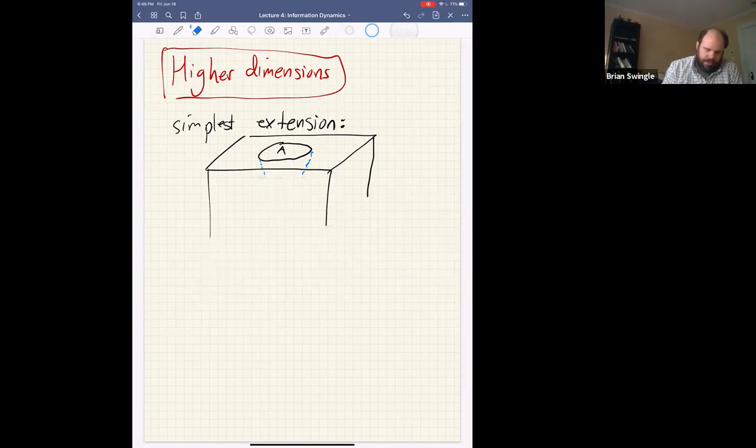So let me draw the picture like this. Right, you have some kind of membrane which can, as in the 1D case, hit the initial state.